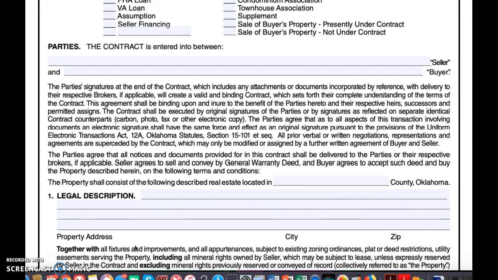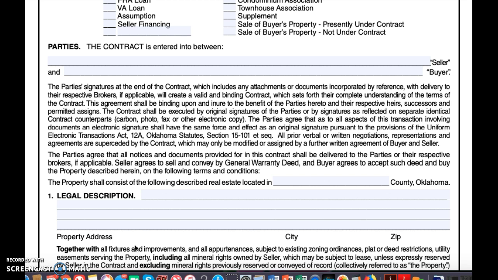The parties agree that as to all aspects of this transaction involving documents, an electronic signature shall have the same force and effect as an original signature pursuant to the provisions of the Uniform Electronic Transactions Act, 12A Oklahoma Statutes, Section 15-101 et seq. All prior verbal and written negotiations, representations, and agreements are superseded by the contract, which may only be modified or assigned by further written agreement of buyer and seller.